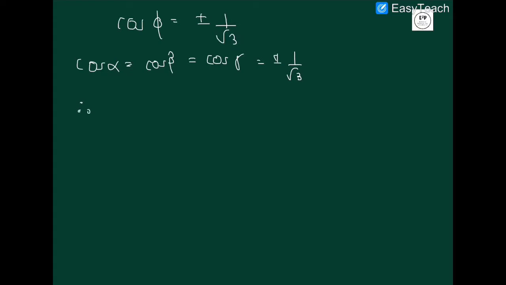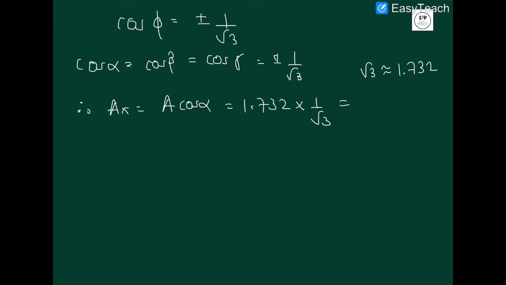Therefore our AX becomes A cos alpha, that is 1.732 into 1 by root 3. If we take the approximate value of root 3, which is actually equal to 1.732, we can cancel it over here, and we get plus minus 1. Similarly AY is plus minus 1 and AZ is plus minus 1.